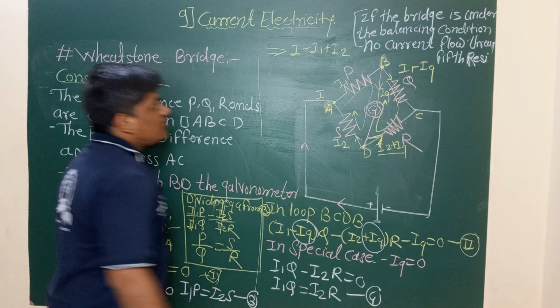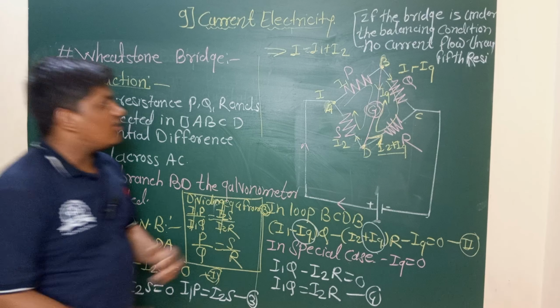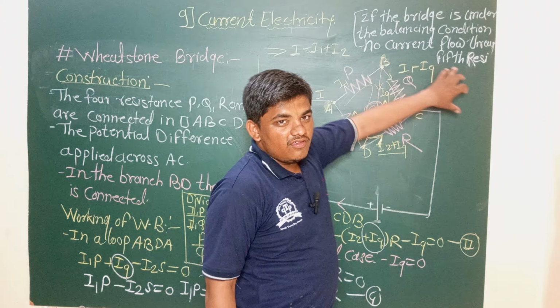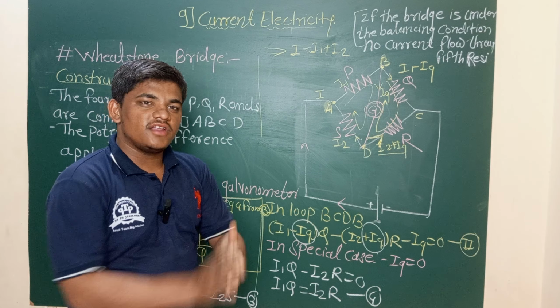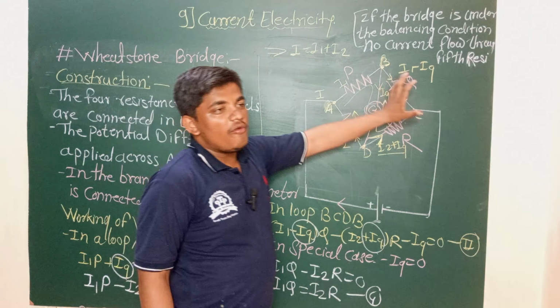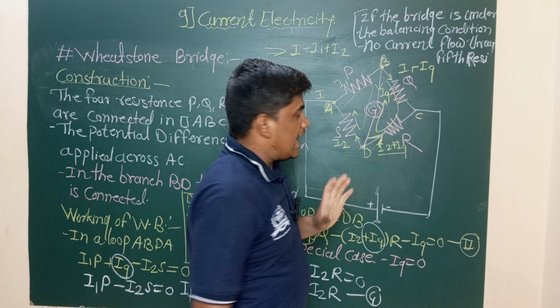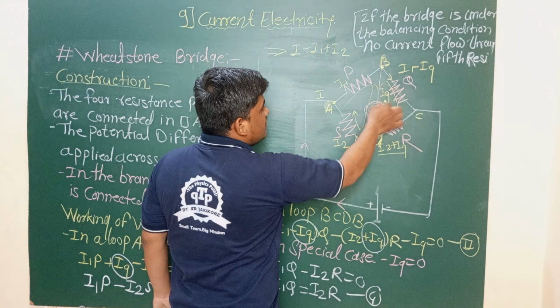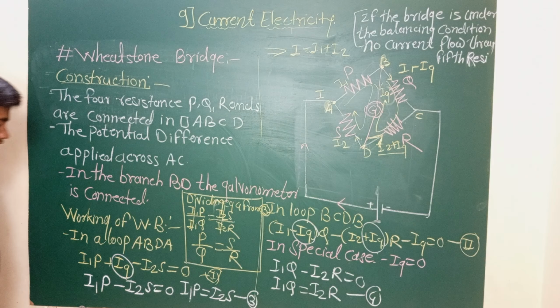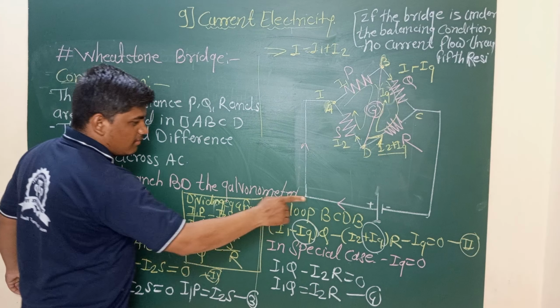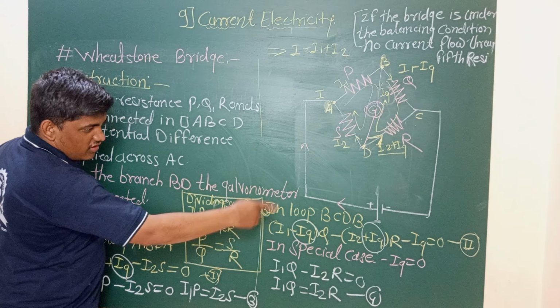In a special condition, if the bridge is balanced, that means zero current is flowing through the galvanometer. That means the value of Ig is 0. Then put Ig equal to 0 in equation 1 and equation 2.